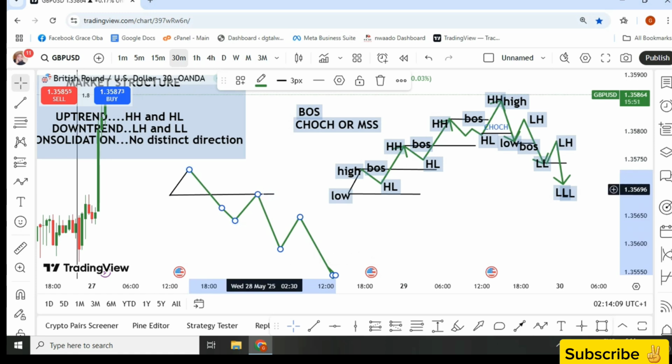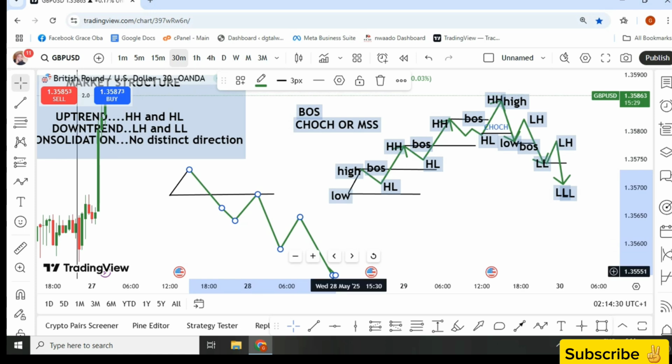This is a lower high compared to this. This high is lower than this, so it's a lower high. And this is a lower low, because this low is lower than this. And this is the lower high again, because this high is lower than this. And this is a lower low, because this low is lower than this.